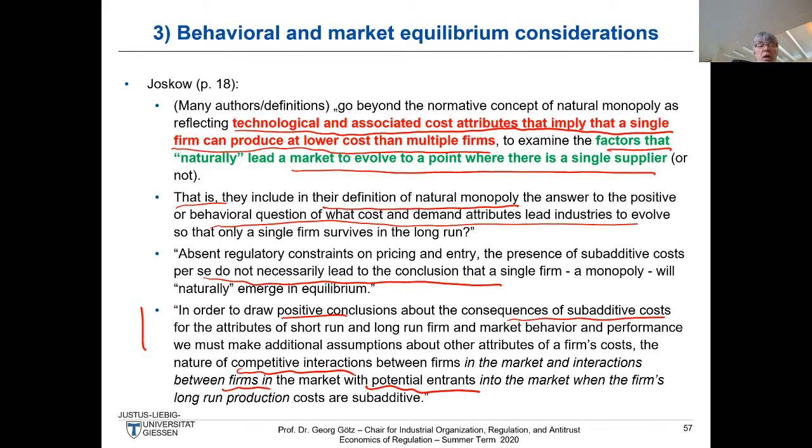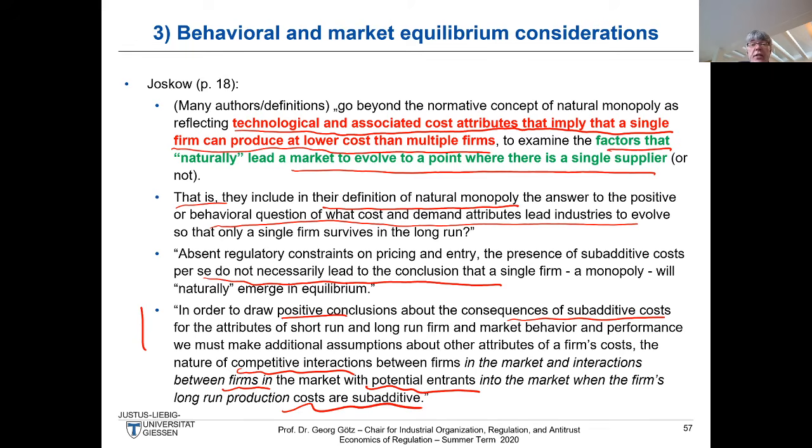That's what we are doing in the next chapter on contestable markets, where we look at a cost structure which is subadditive, and then look into how many firms will be active and what the performance of the market will be, that means how prices relate to marginal or average cost.